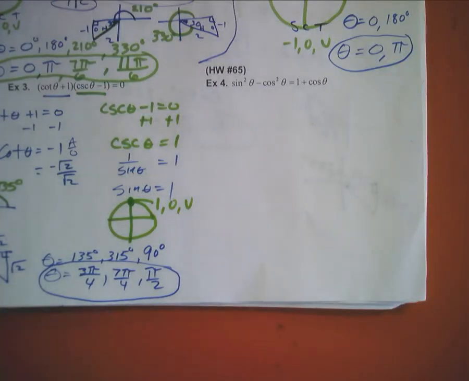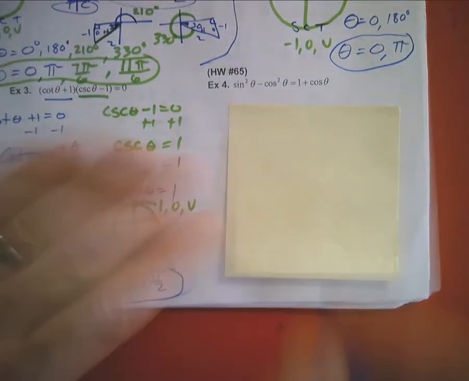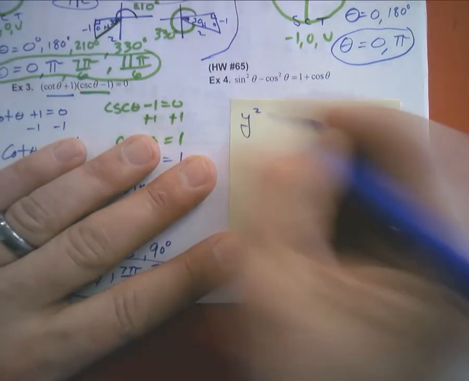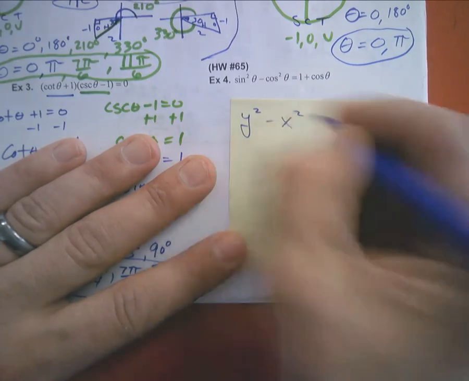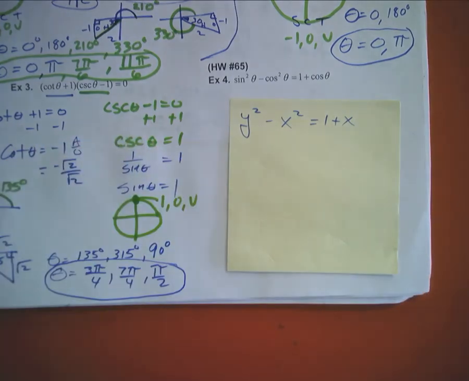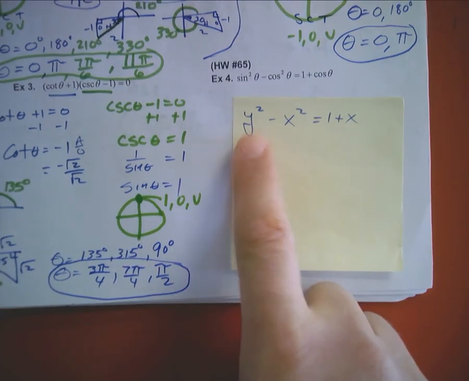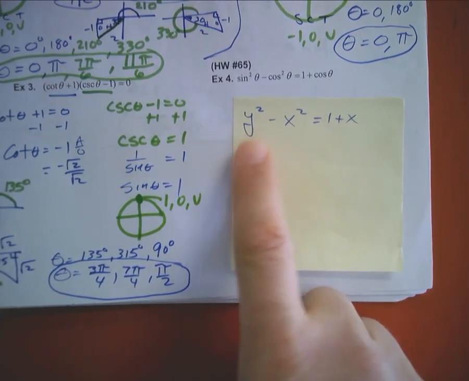When I see something like this, let me use a little sticky note here. When I see one sine with a bunch of cosines, mathematically, this is what I'm thinking. I've got a y squared minus an x squared equals 1 plus x. There is no way for me to solve this equation because I got a bunch of x's and then this little y here that's messing things up.